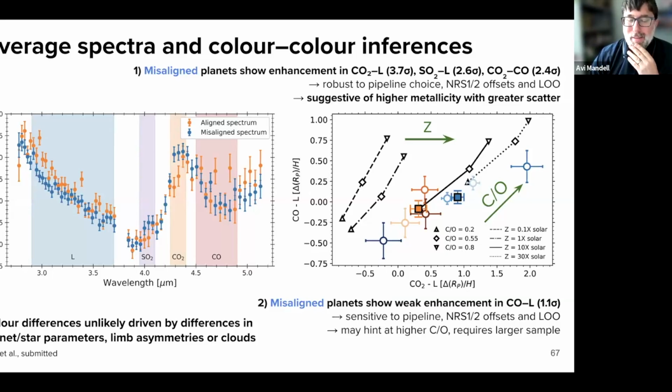My question is not at all to be negative about one side or the other here, but obviously retrievals include a lot more complexity and correlation analysis between complex model parameters compared to a color analysis, and the fact that you're not seeing correlations in a many more higher dimensional analysis compared to color, wouldn't that suggest that maybe there's more going on compared to just these few dimensions of Z and C/O that you might be seeing a correlation in?